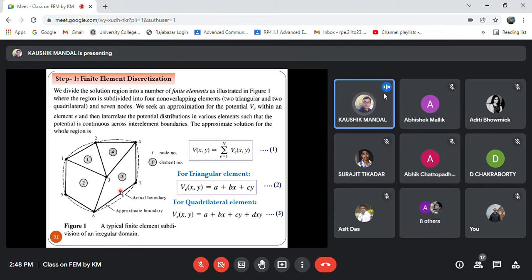Out of this triangular and quadrilateral shape, which particular shape is preferable to approximate any irregular shape boundaries in a better way, so that the approximation will be better? Any idea?